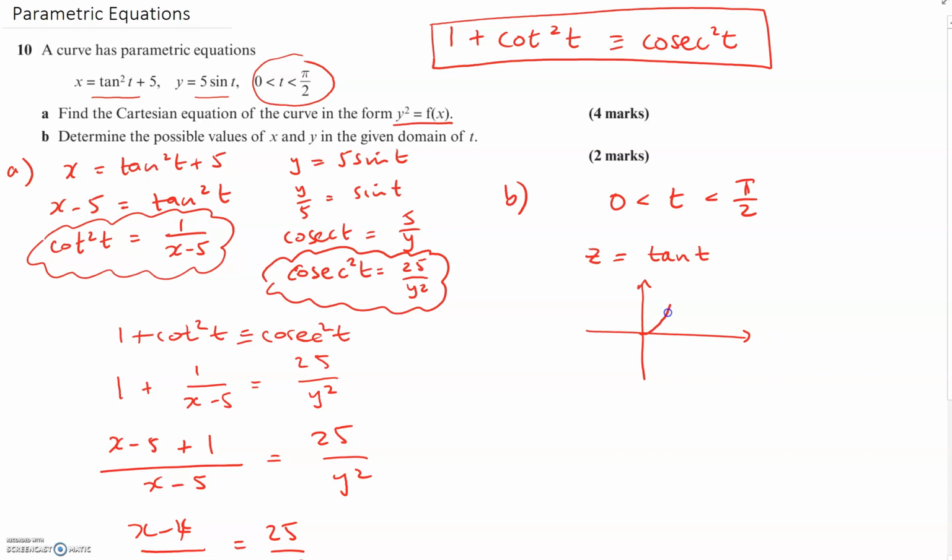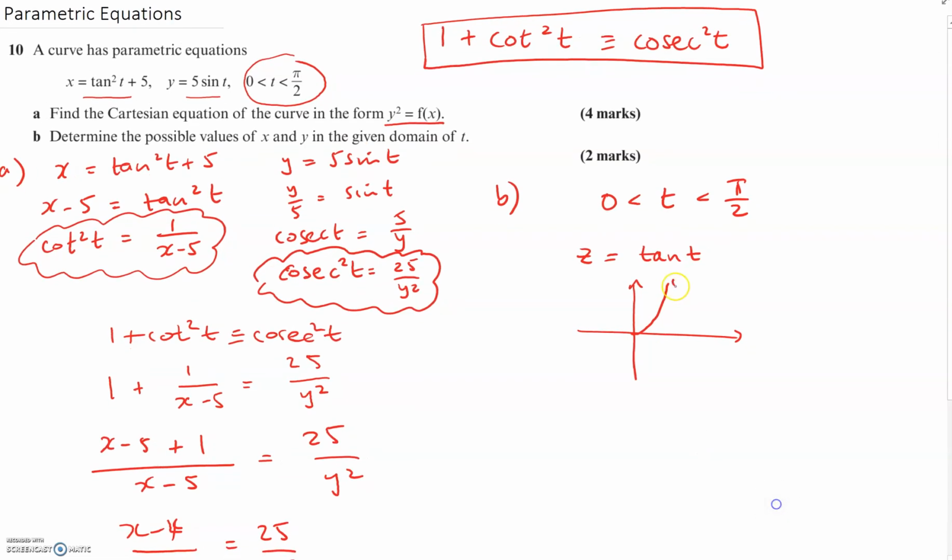Between 0 and pi by 2, at pi by 2 we actually have an asymptote. So between 0 and pi by 2 we actually have tan t being greater than 0. So think about what happens then to x. Well, x is tan squared t plus 5.